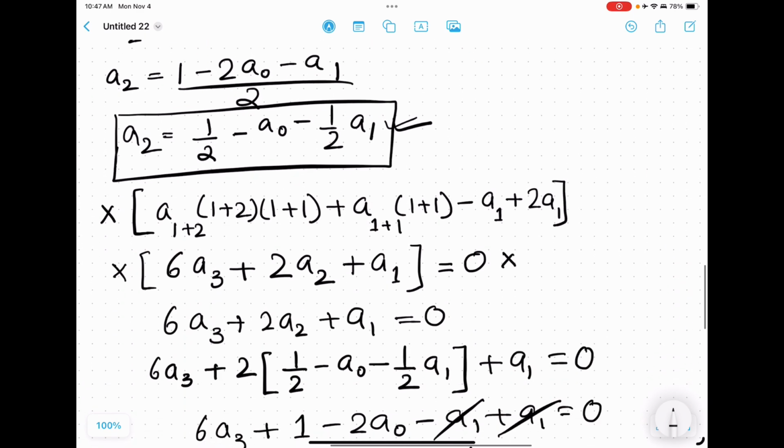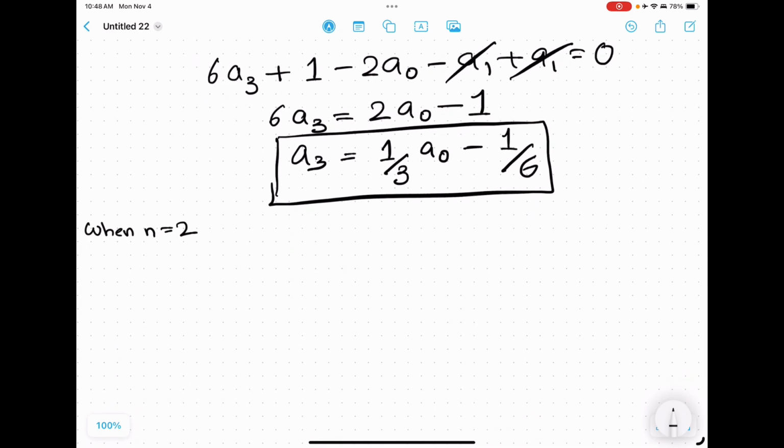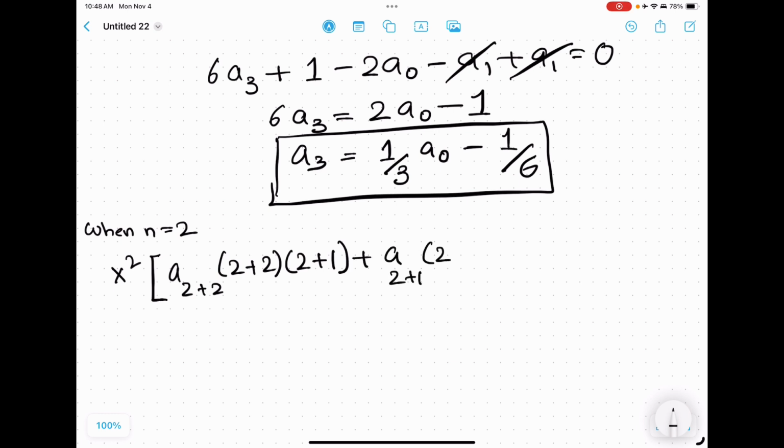So writing all of those terms, I have x squared times a sub 2 plus 2 times 2 plus 2 times 2 plus 1 plus a sub 2 plus 1 times 2 plus 1 minus 2a sub 2 plus 2a sub 2.